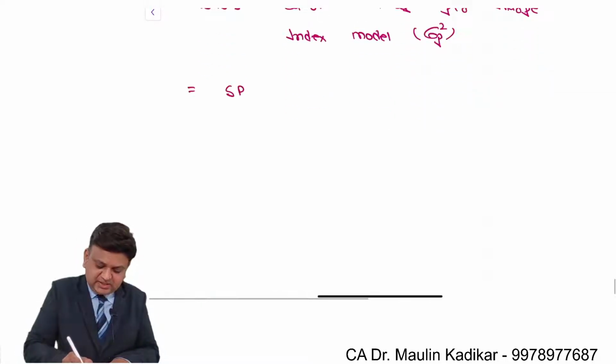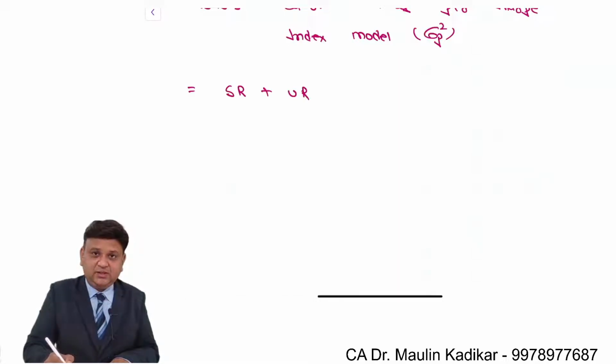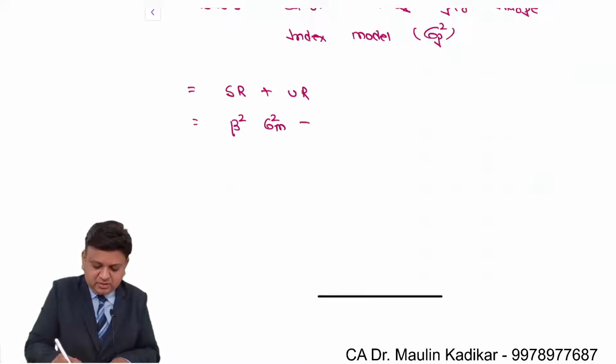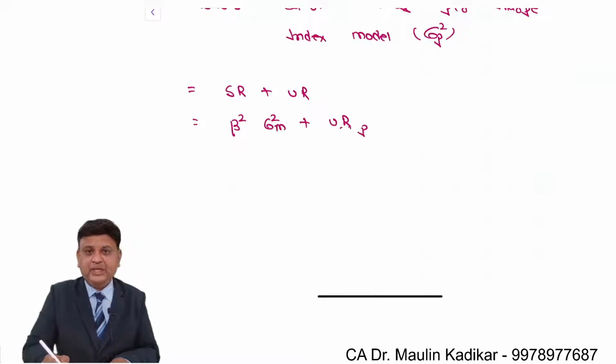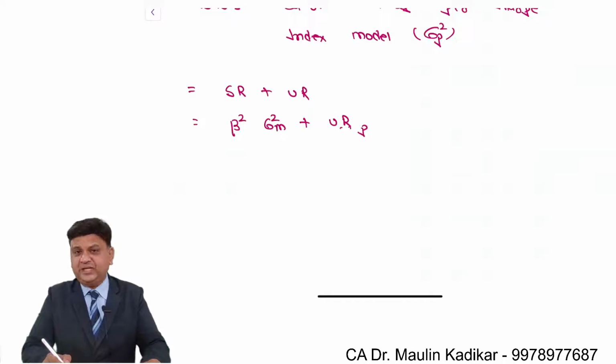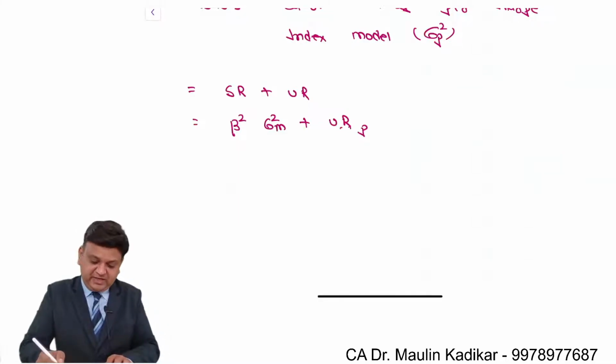It is systematic risk plus unsystematic risk. What is systematic risk? It is beta square into sigma m square plus unsystematic risk of the portfolio. Understand that the beta square into sigma m square is in the variance term. So unsystematic risk that we are going to add will also be in the variance term.